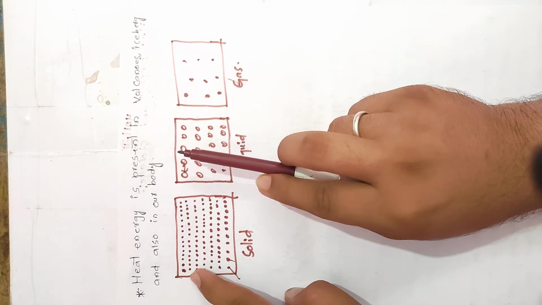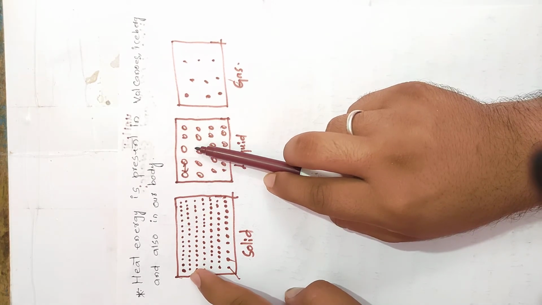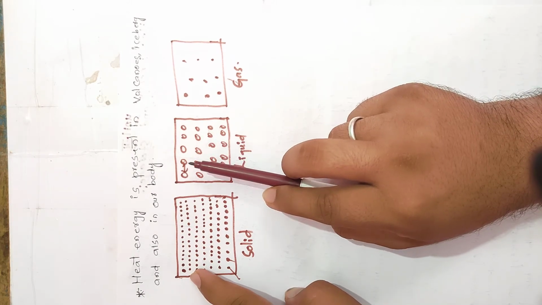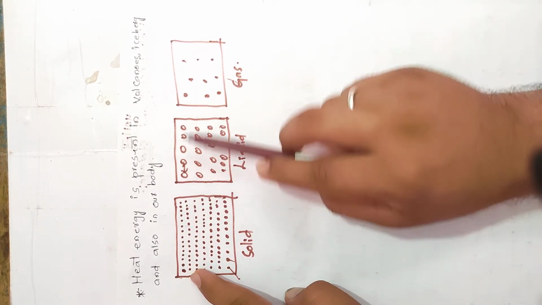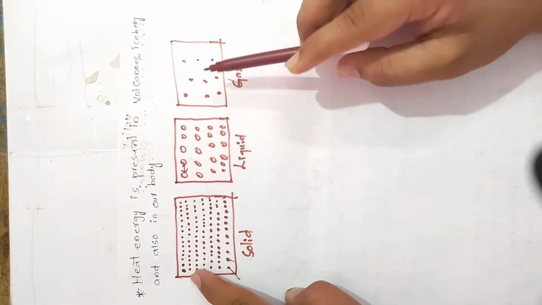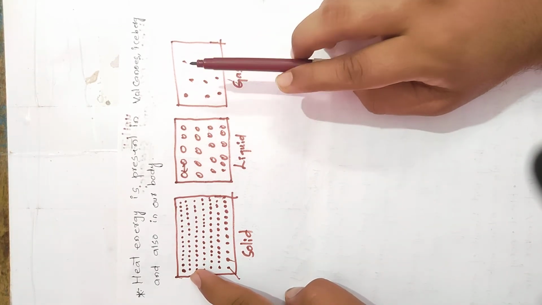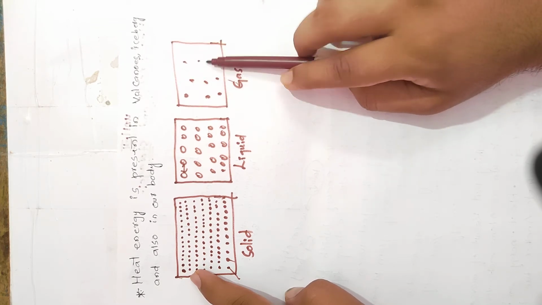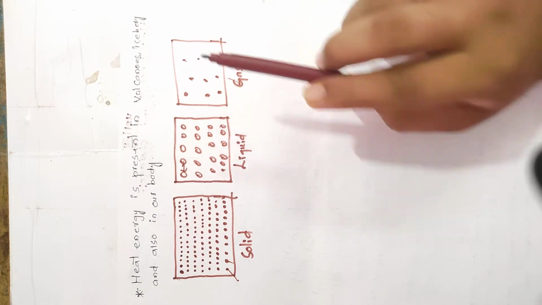The particles in a liquid also vibrate but are able to move around, rolling over each other and sliding around each other. In the gas, the particles move freely with rapid and random motion.